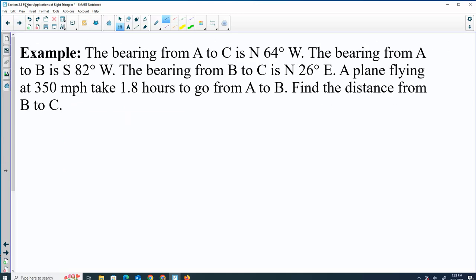Let's go ahead and look at this next. The bearing from point A to point C is north 64 degrees west. So if I'm starting at point A, if I want to measure bearing, what do I have to draw at point A?